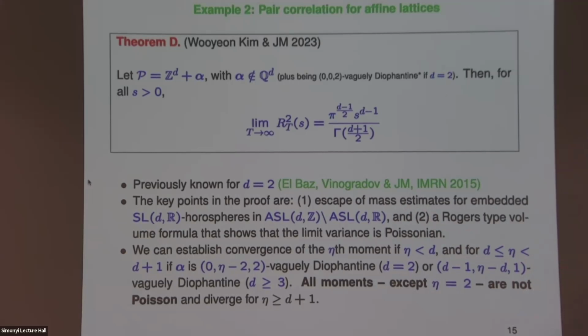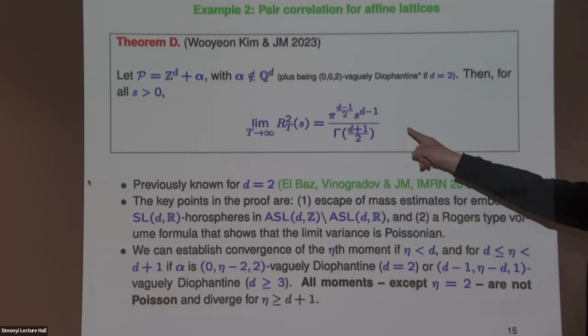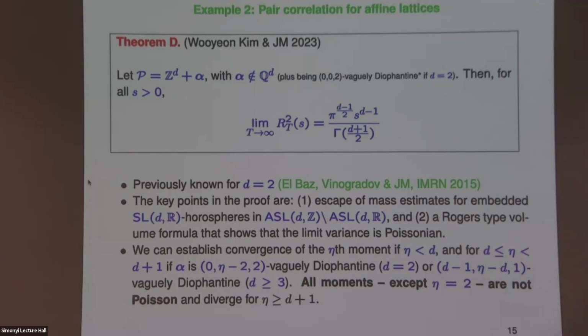Weak convergence doesn't imply L^p convergence, right? You need to make sure that you can truncate, and what you truncate can be made arbitrarily small in the limit. The second ingredient to show it's actually Poissonian is a Rogers type formula for the second moment that shows that it's actually the volume that you're getting for this second correlation function.